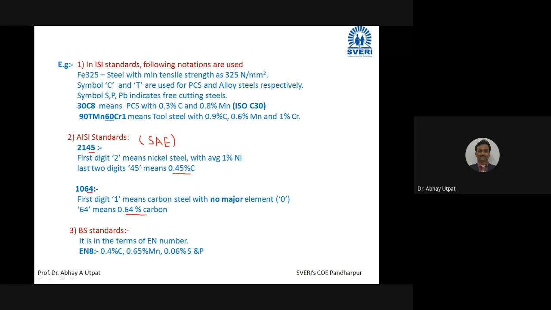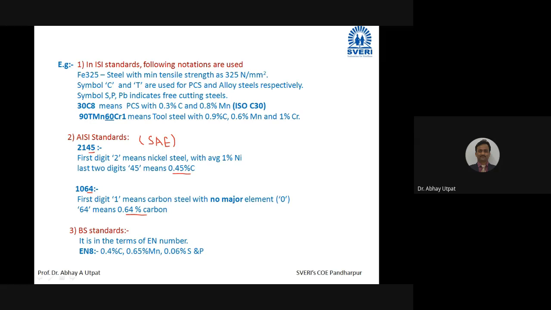So the first digit means what type of steel. In my example, if the first digit is 2, it is nickel steel. And now the second digit 1 means the percentage of nickel is 1. Understood? The second digit explains the presence or percentage of the major alloying element.